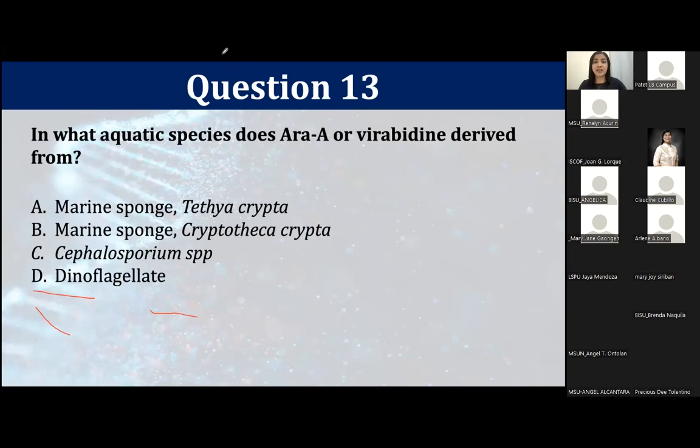What is your answer? Okay, may sumagot ng letter A, may sumagot ng letter B. How about the others? May sumagot ng letter D. Hati yung inyong mga sagot. Sige, sagot pa kayo. Hintayin ko yung mga sagot ninyo.